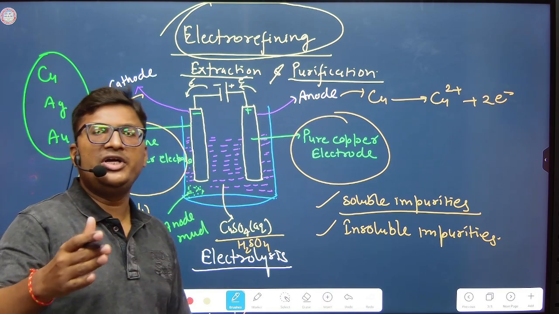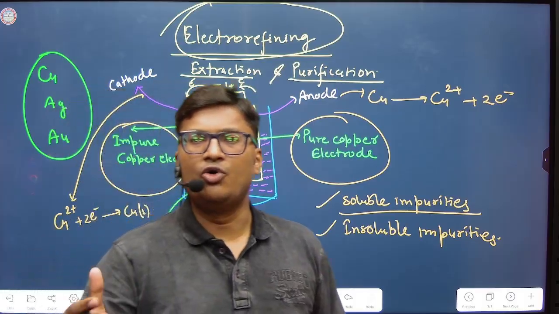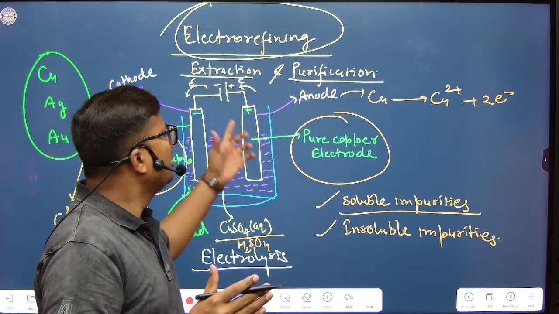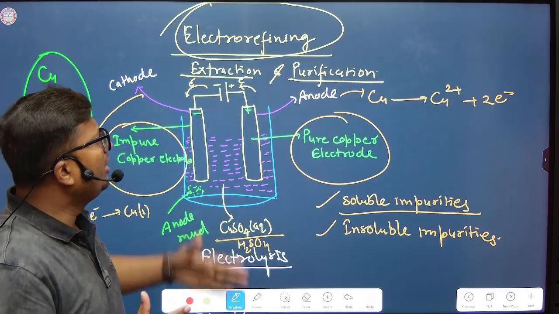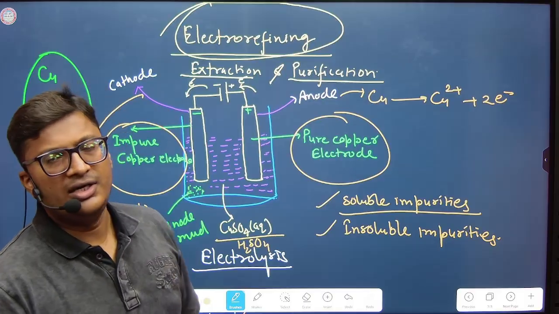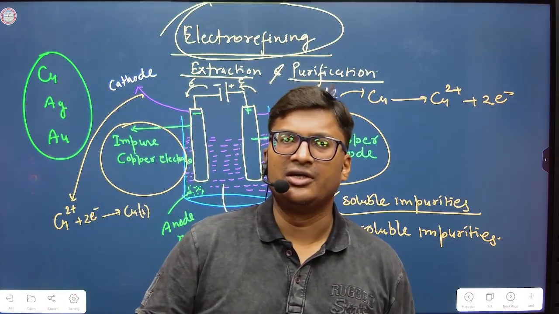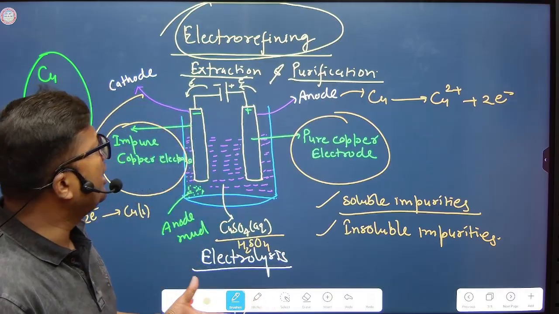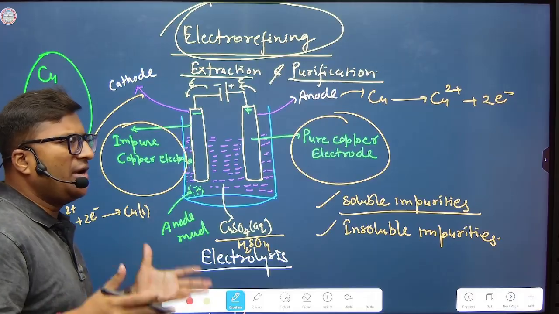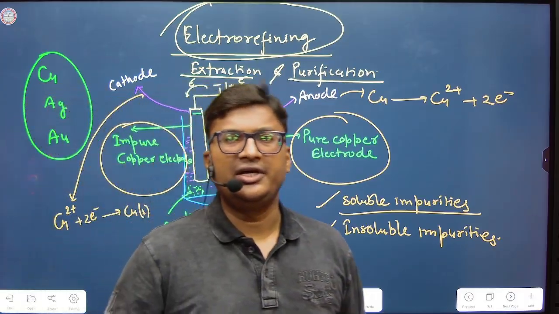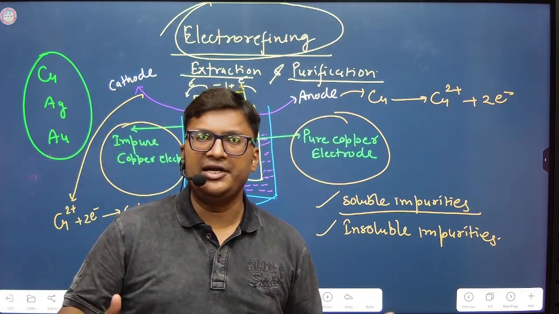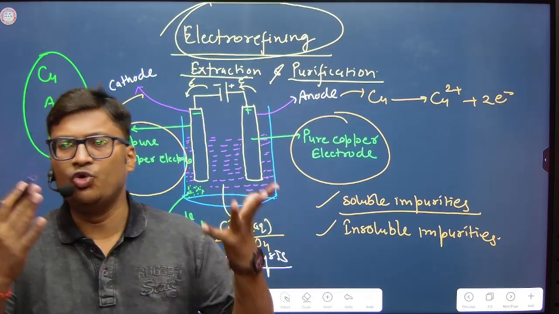If you want to extract pure gold from the impure metals, this process is electrorefining, an electrochemical process based on electrolysis, where pure metals can be extracted or purified, and ultimately deposited on the cathode, right?